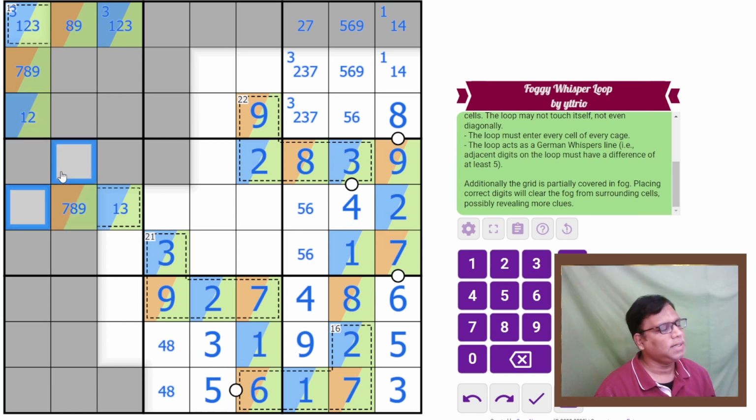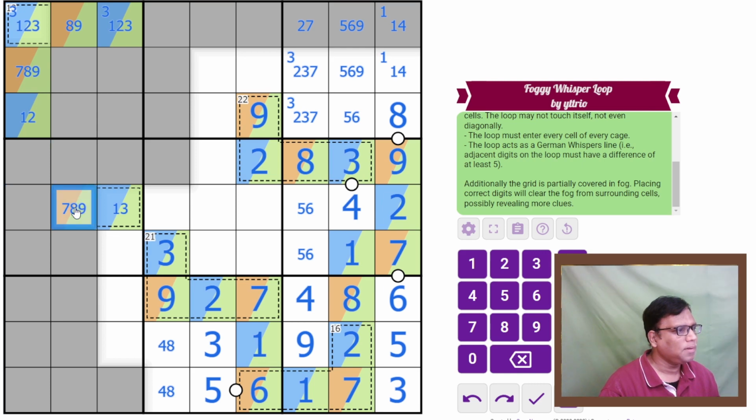But whichever digit is there, that's not going to be 2. Because look, 2 is looking at both. And that can't be 4 either. Because wherever is 4, it will be looking at this, and it can't be 4 because then it will be again looking at the 2 9. So not 4.